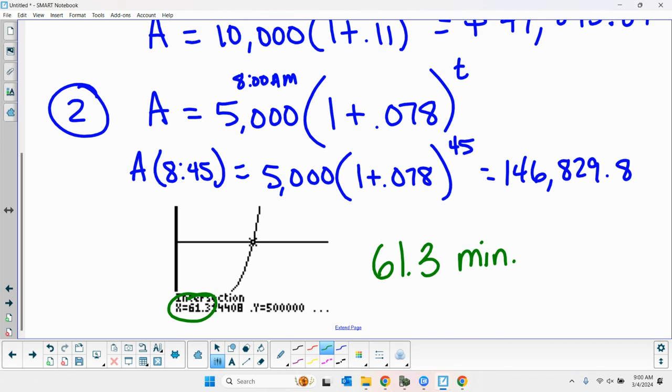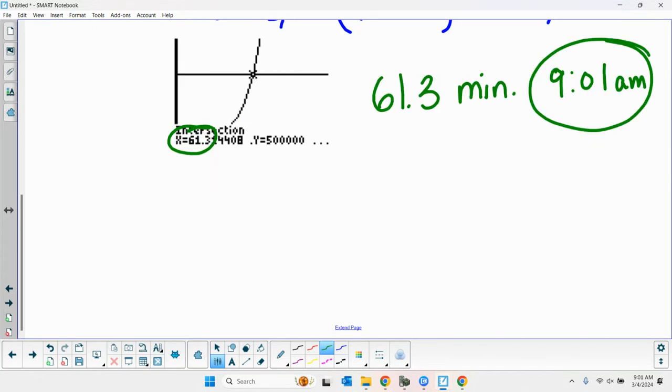No, we started at 8 a.m. So what's 61 minutes after 8 a.m.? Okay. So you just had to think a little bit there because it gave you times. So you had to think about how many minutes from when you started. It gives you the information you need. Okay. So make sure you answer the questions that are asked of you on the quiz Thursday.